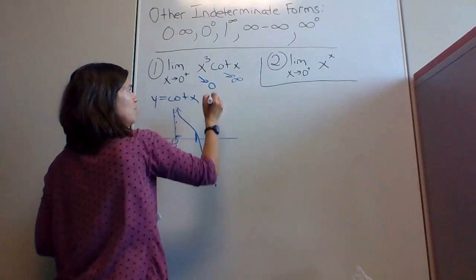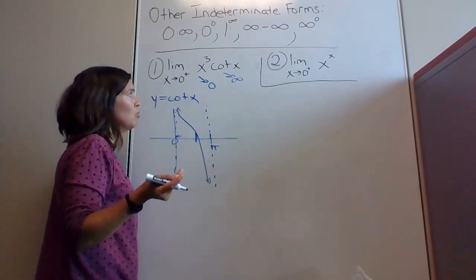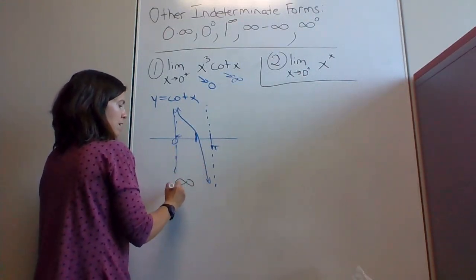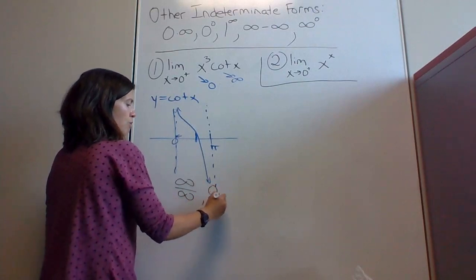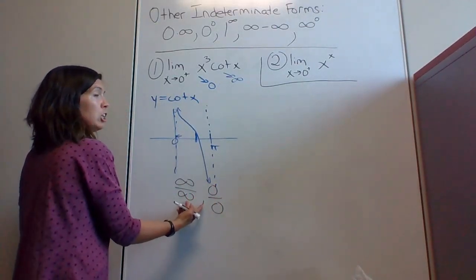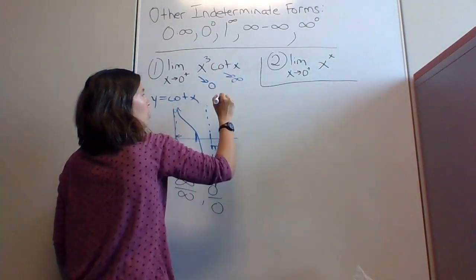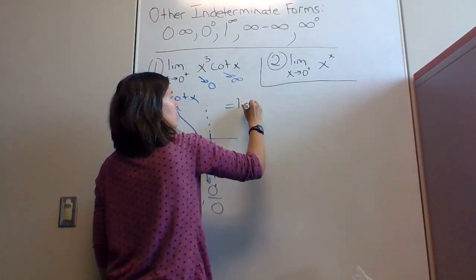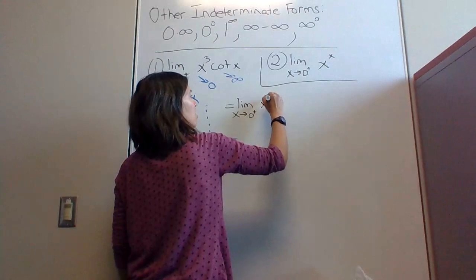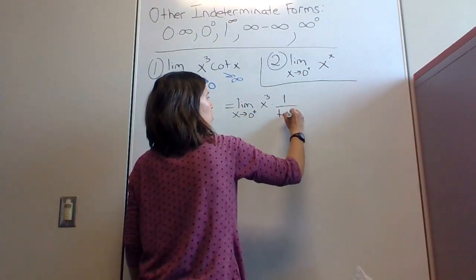Okay, so 0 times infinity, that's indeterminate, and we can apply L'Hopital's rule when it's written in the right form. Keep in mind, L'Hopital's rule is applicable when you have infinity over infinity or 0 over 0. We'd like to see it in one of those two forms. The key thing here is it's a ratio, not a product. We want one thing over something else. So we could use the fact that cotangent is the reciprocal of tangent, so this is equal to 1 over tangent.